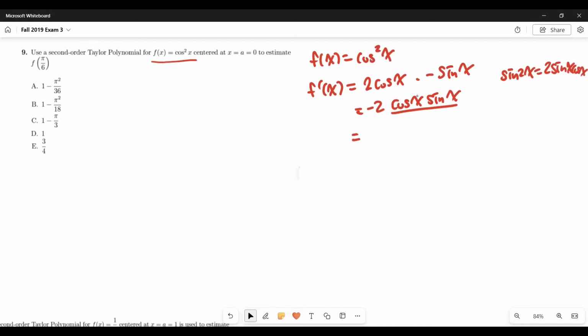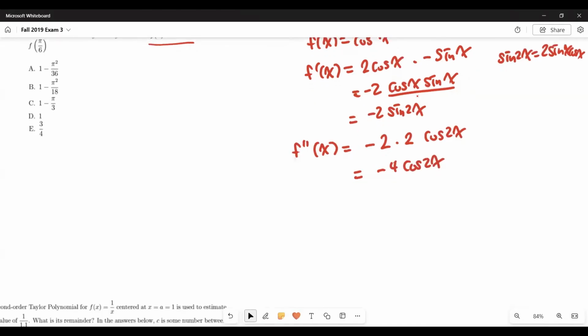So for simplicity, we can write this as negative 2 sine 2x. Okay, we have that, and then let's find the second derivative, which is negative 2 times 2 cosine 2x, right? So this becomes negative 4 cosine 2x.